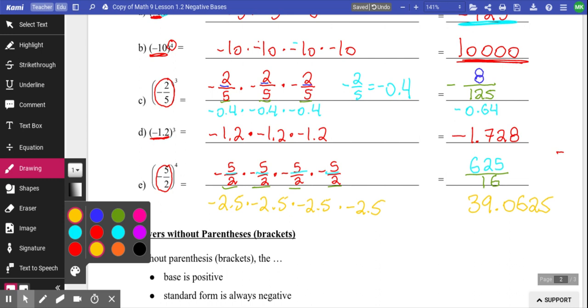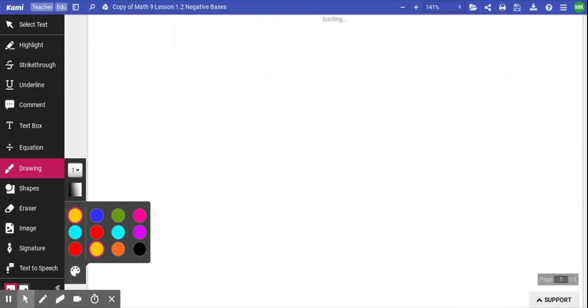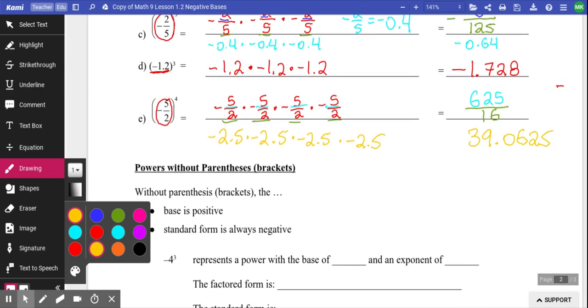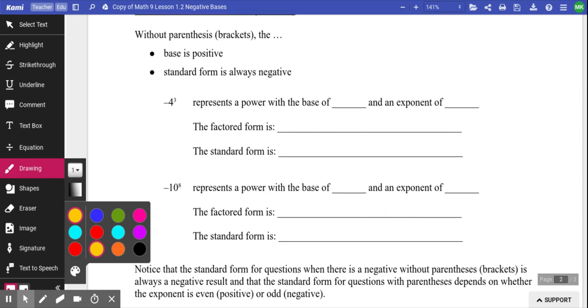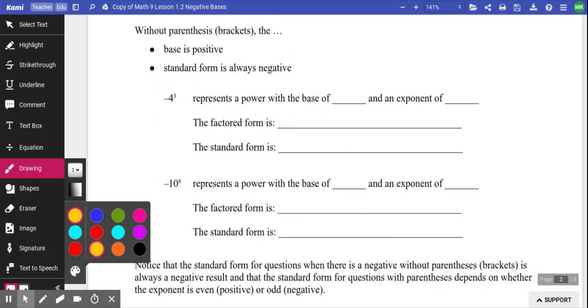Cool. The thing that people mess up when it comes to negative powers, because this stuff is pretty similar to what we did in class on Friday, is that the thing that makes it different with negatives is whether there are parentheses or not. I never use the word parentheses. I'm using it because the words in here use it, and that's the mathematically correct term.